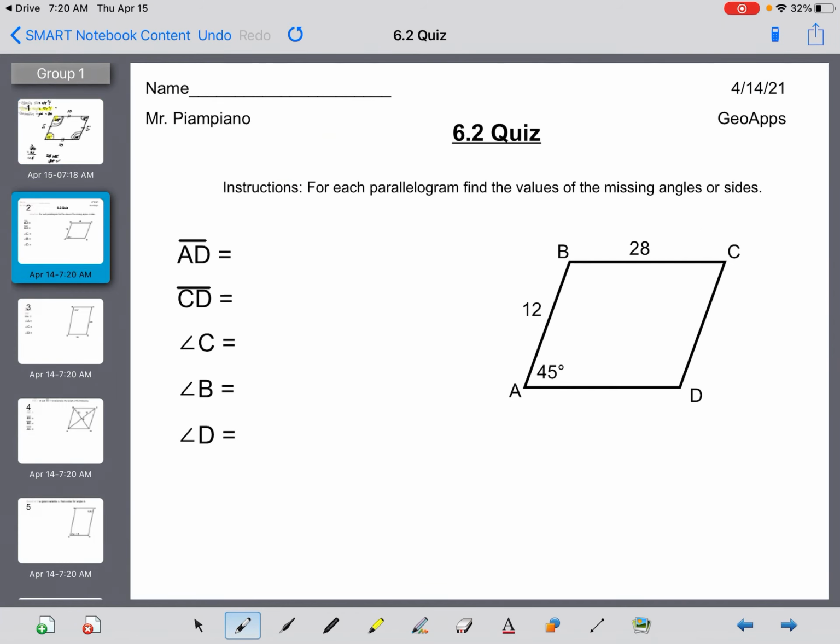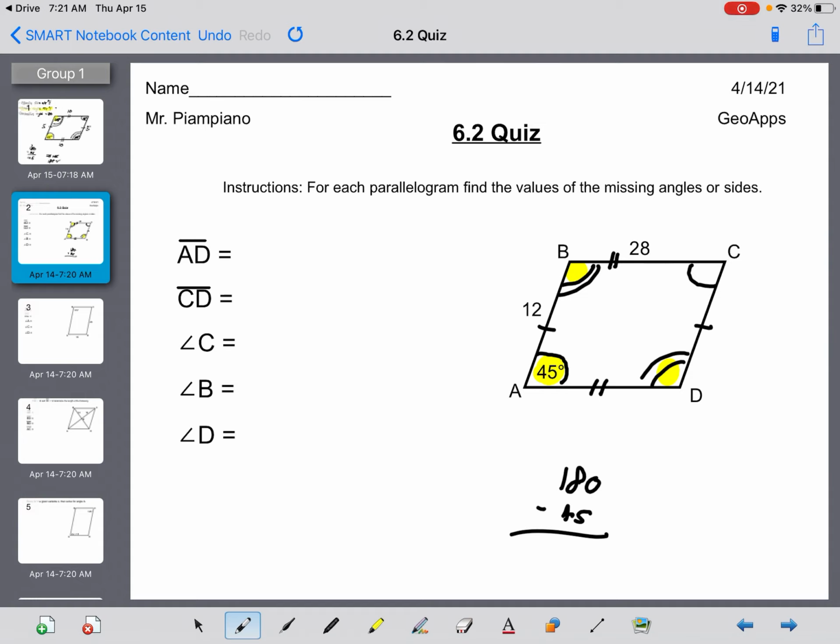Okay? Knowing that information, you can fill in any parallelogram with its tick marks. You know that AB is congruent to CD. You know that BC is congruent to AD. You know that angle A is congruent to angle C, and that angle B is going to be congruent to angle D. Then you have to remember, to find angle B or to find angle D, you have to take 180 and minus 45 from it to get that answer.